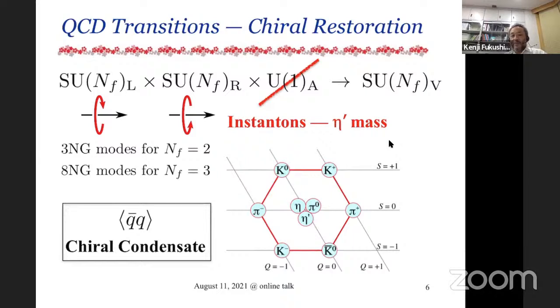But because of the dynamically generated mass, these symmetries are coupled together and broken down into the vectorial SU(N_f) symmetry. And in this way, there is an order parameter corresponding to this global symmetry breaking, and this is nothing but the chiral condensate q-bar q. So this is very simple physics.